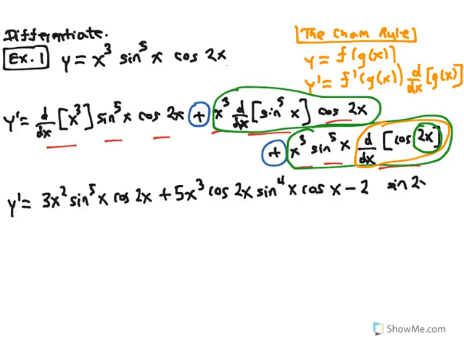And then I would like to write the x cubed here, and then I'd like to write sine to the fifth x here. And that's pretty much it. That's the derivative. Now, if you want to simplify, you can simplify somewhat.